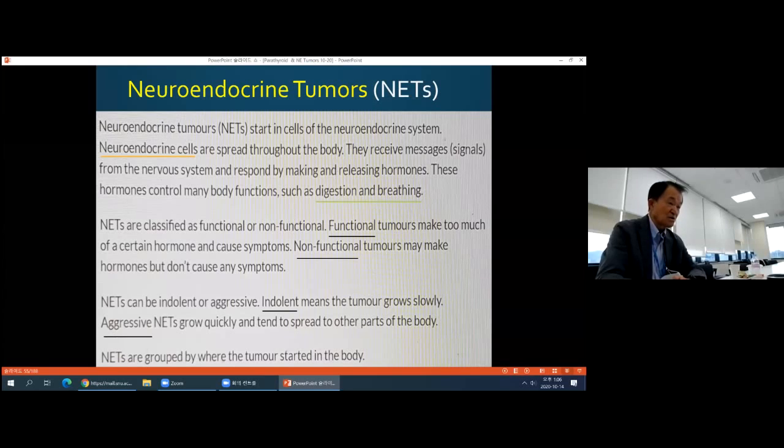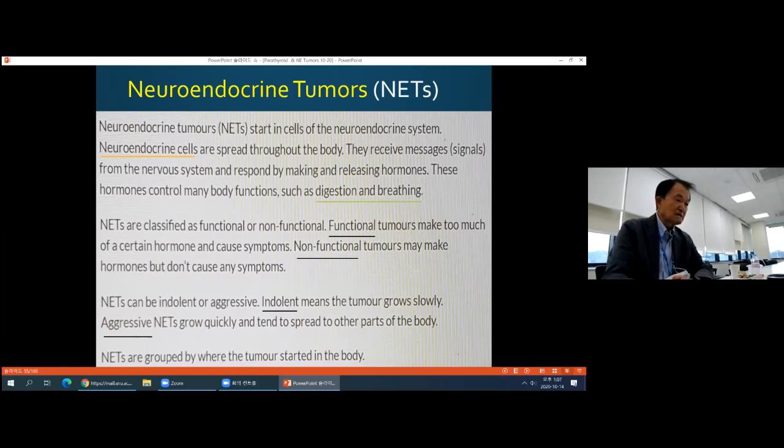As you know, neuroendocrine tumors have become quite exciting and also familiar to many clinicians because they are increasing worldwide. We didn't recognize small cell tumors in almost every organ previously.